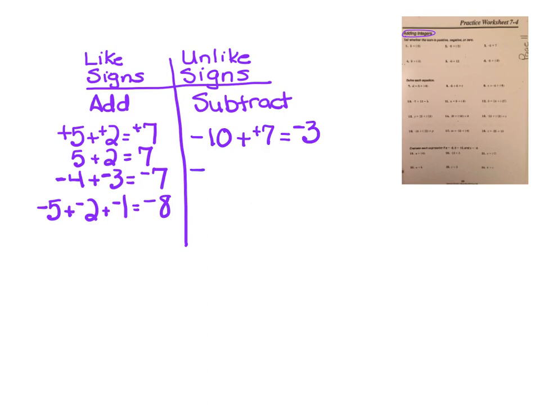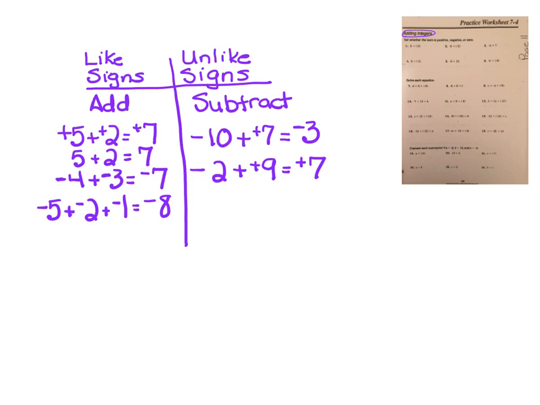If we get something like this, a negative 2 plus a positive 9, we see that we have more positive units. So we know the result will be positive. But find the difference between 2 negatives and 9 positives. Subtract, and we get a difference of 7.